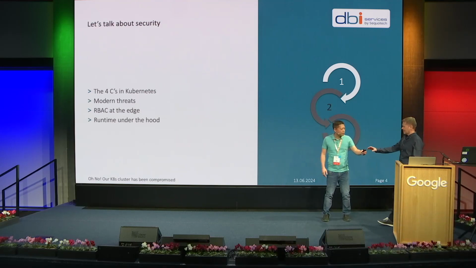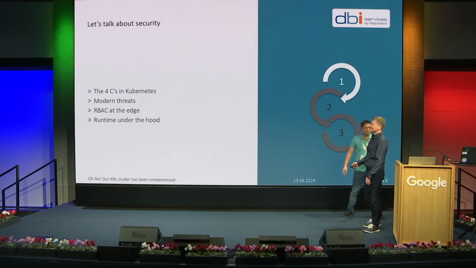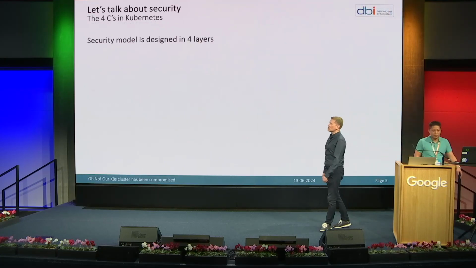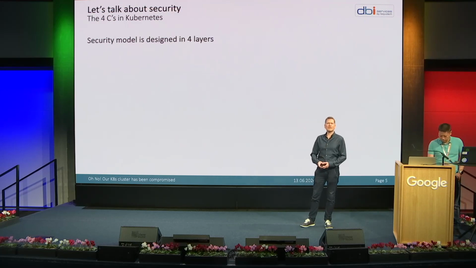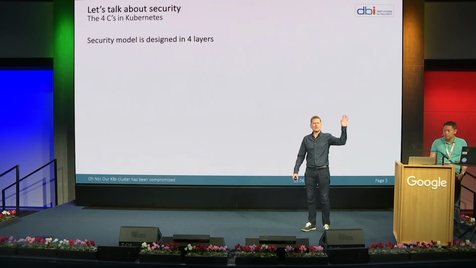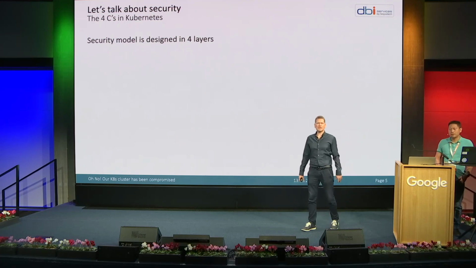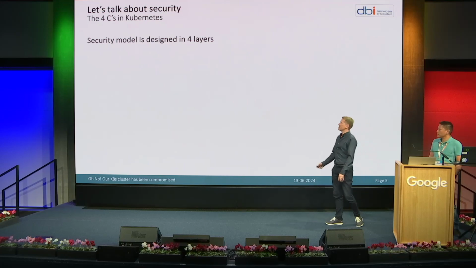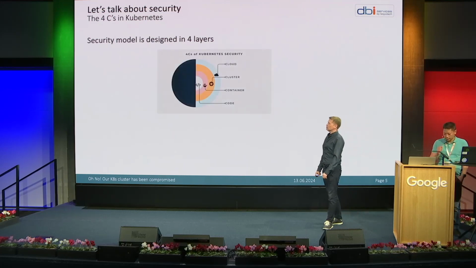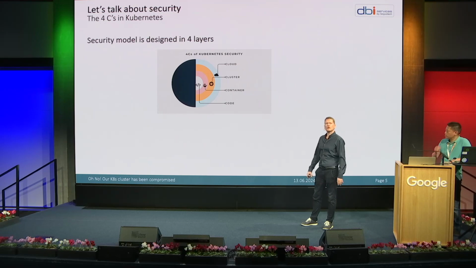Benoit, it's your turn. So who knows about the 4Cs in cloud native security? Okay, some experts are with us. That's just a bit of theory. That's the security model we use for Kubernetes in general to protect the cluster.